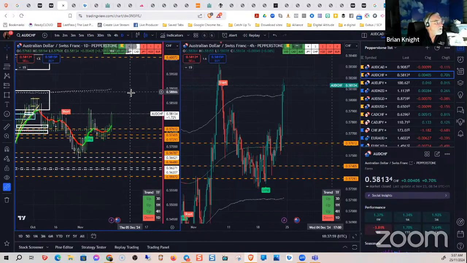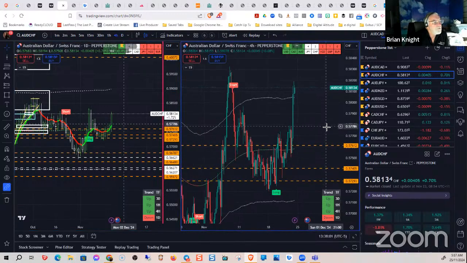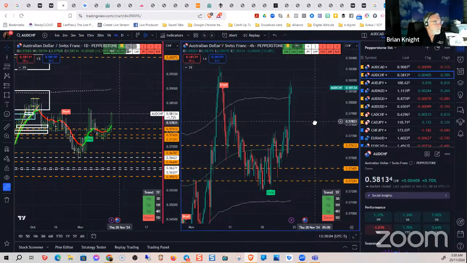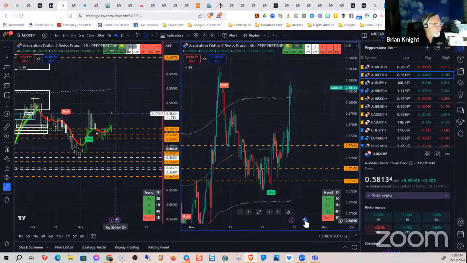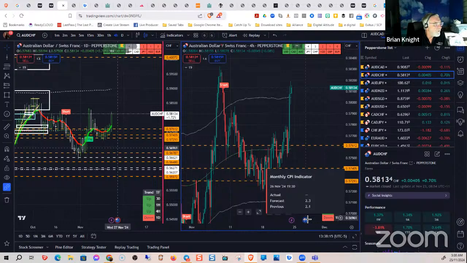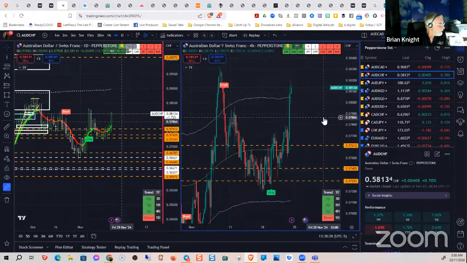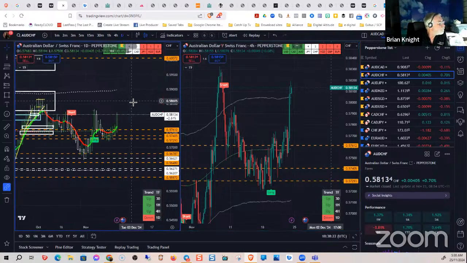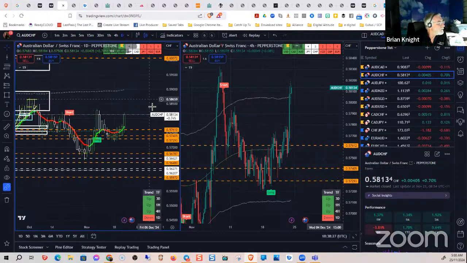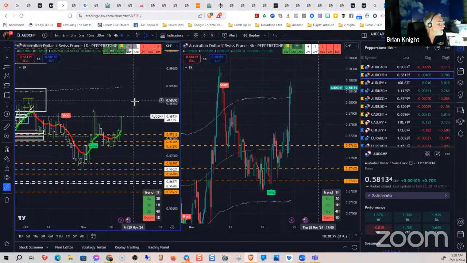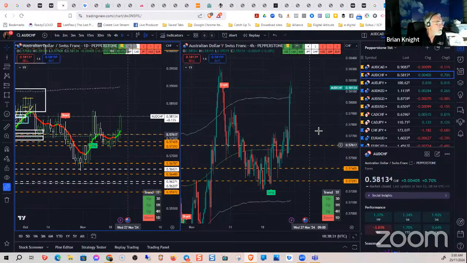But it's pushed up anyway. What's this news coming up? Monthly CPI. They're predicting it's going to be higher. Really in that middle, isn't it, Darren? It's not doing anything to give us any potential trade.